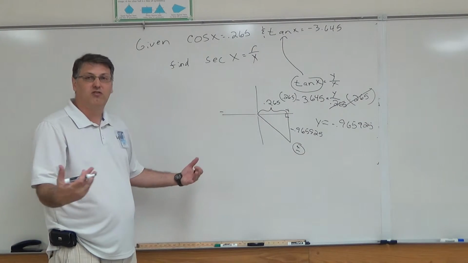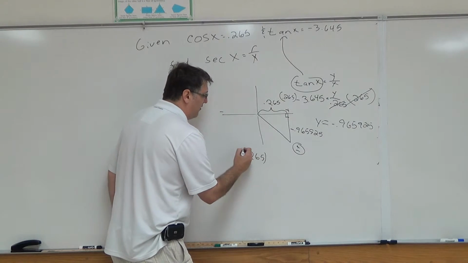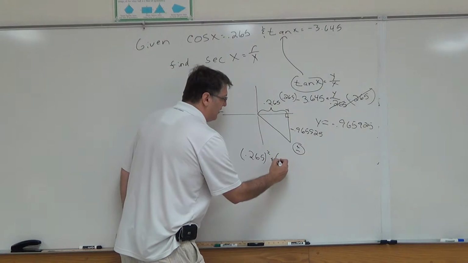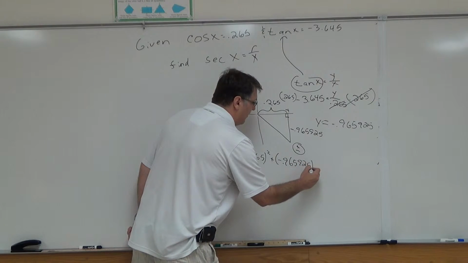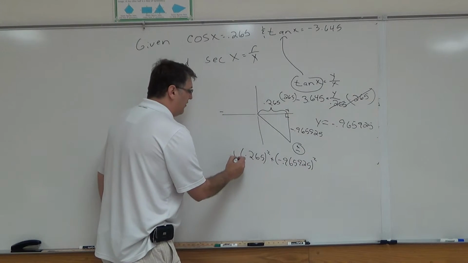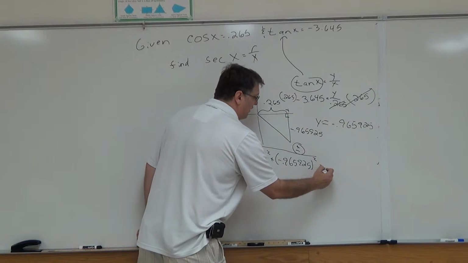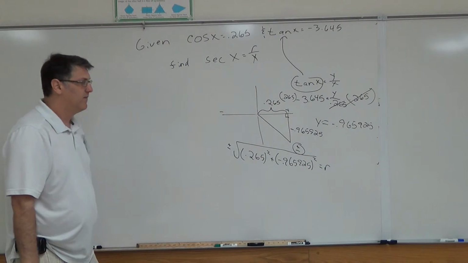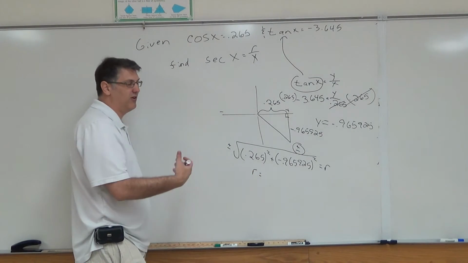Well, the hypotenuse is just the Pythagorean theorem. 0.265 squared plus negative 0.965925 squared. Take the square root of that. Don't forget your plus or minus, and that's going to equal my r. Once you put all that into the calculator, you don't have to do it by hand.